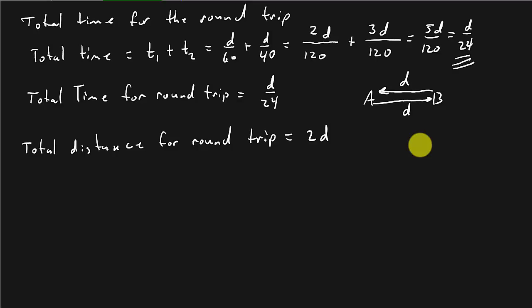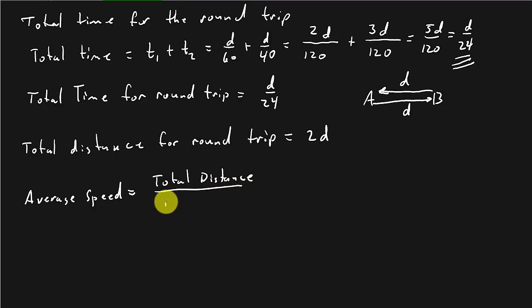So now the average speed would be what? Total distance divided by total time, which in this case is the total distance 2D over the total time, D over 24.